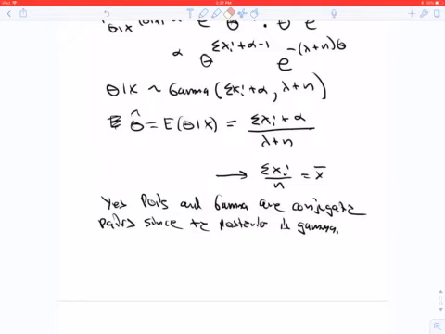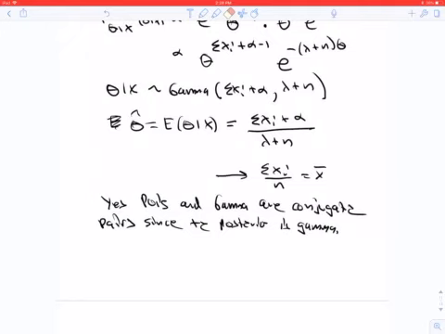Now, for large n, n will be much larger than lambda, so you can just ignore the lambda. And for large n, the sum of the xi's, which are non-negative numbers, will also be much larger than alpha. So in the limit of large n, this will approach the mean of x.